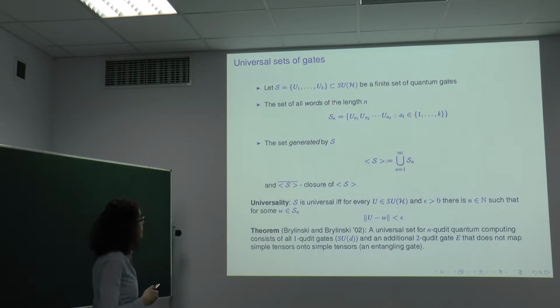And we say that the set generated by S, this is our notation, the set generated by our initial set S is the union of this set of words. This means this is the set of all the compositions of elements of S, all the words built from these gates of length from 1 up. This is a set of all possible product matrices. Yes, exactly. In the limit of infinite length.